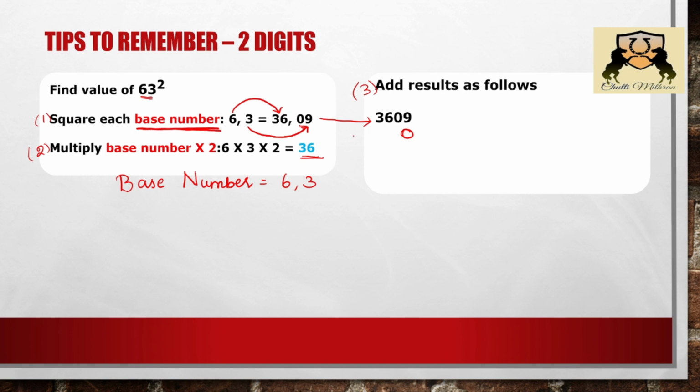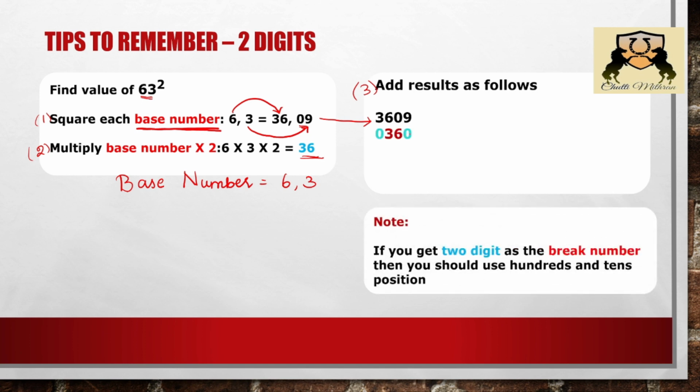And then you can add the multiplied base number value here in the hundreds and the tens place. Okay friends, please do not forget to add a 0 in the ones place. So always we have to add a 0 in the ones place, and then we substitute the 3 and 6 in the hundreds and the tens place.